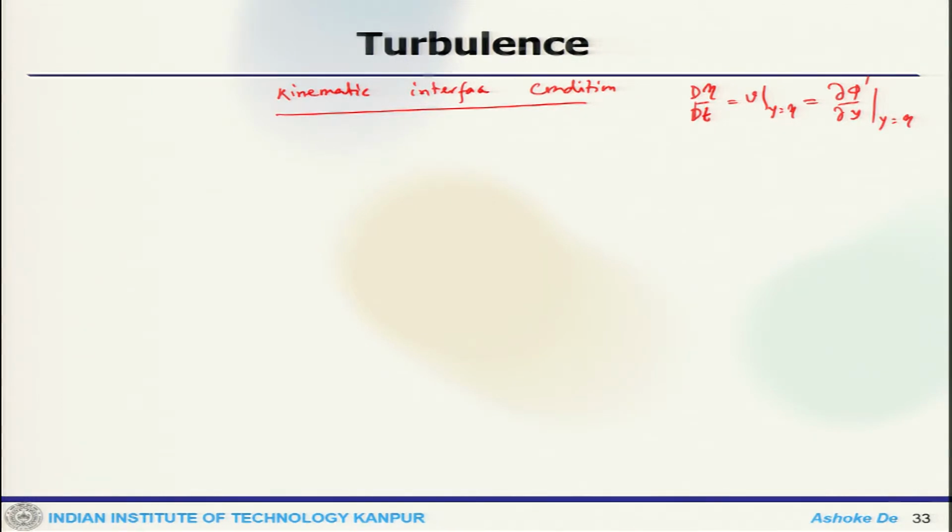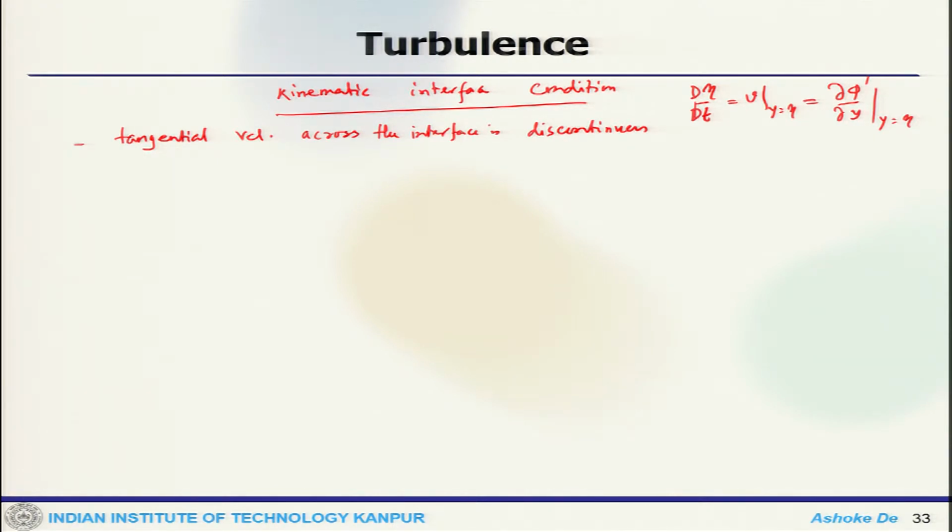Now, our tangential velocity across the interface is essentially discontinuous.